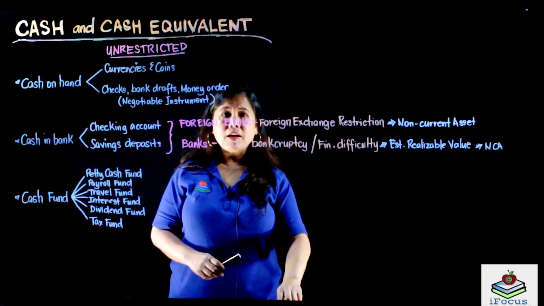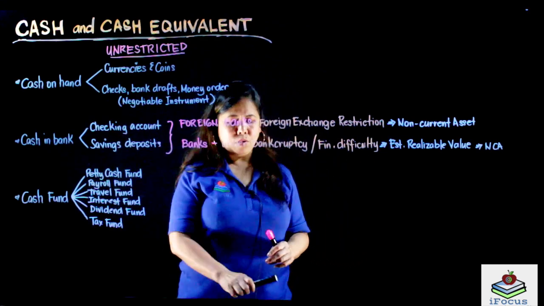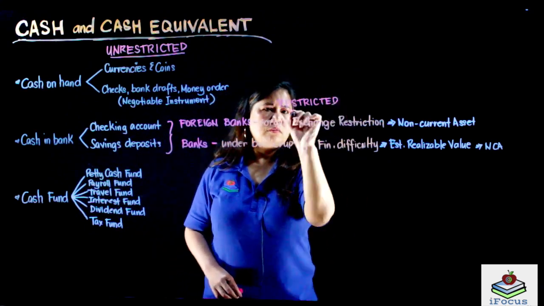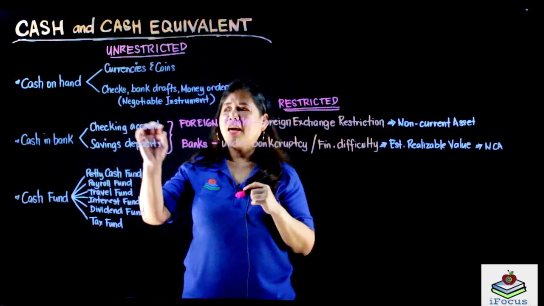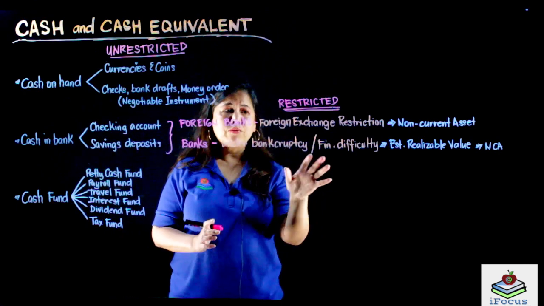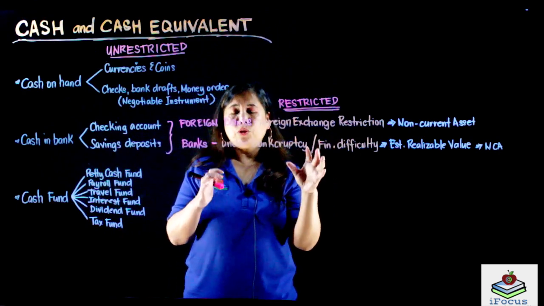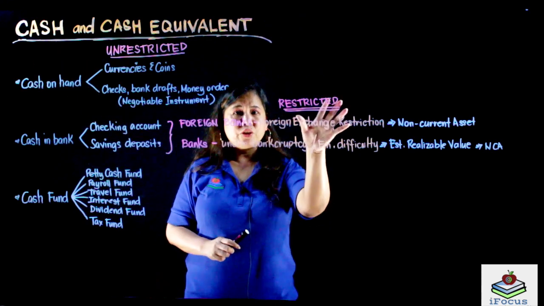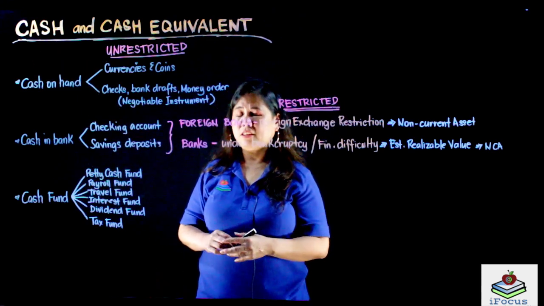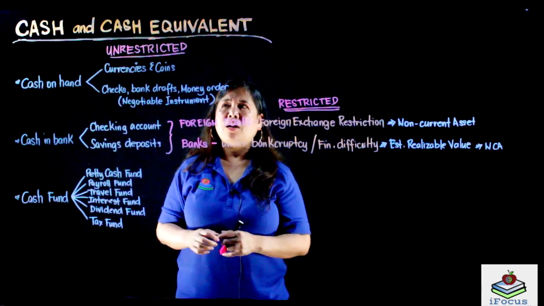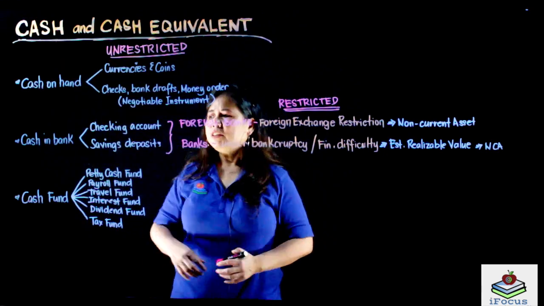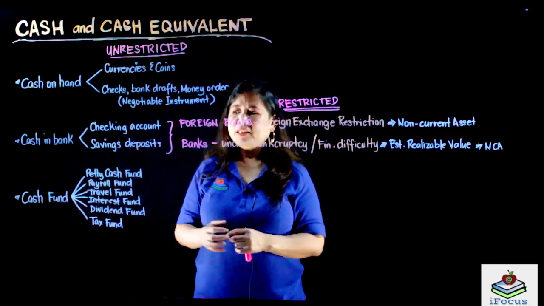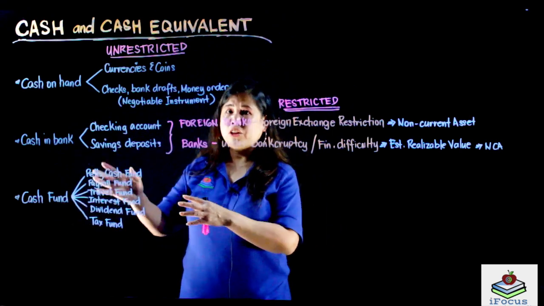Kapag ang cash in bank mo ay may restrictions, hindi mo ito pwedeng i-present as cash kasi restricted siya. Dahil ang cash na account ay unrestricted. Dito naman sa cash fund, ito yung mga cash fund na intended sa operation ng business.